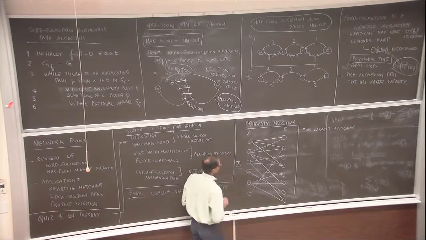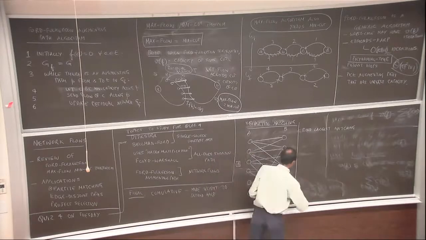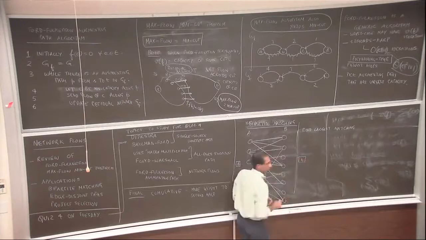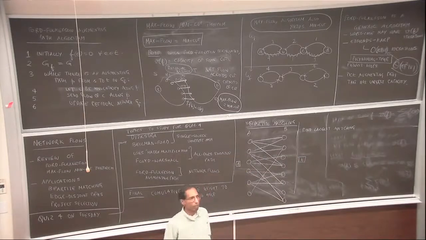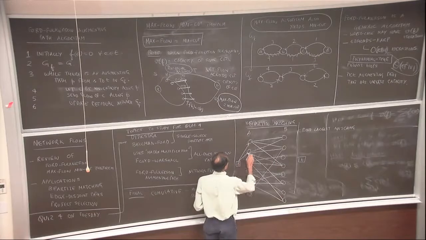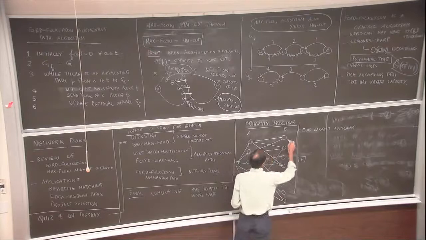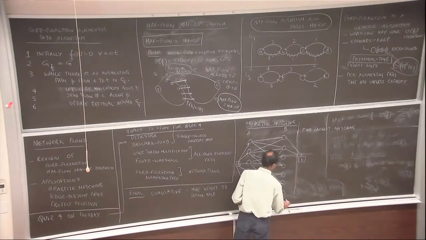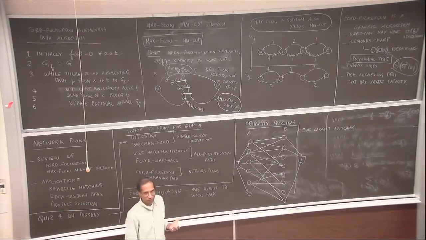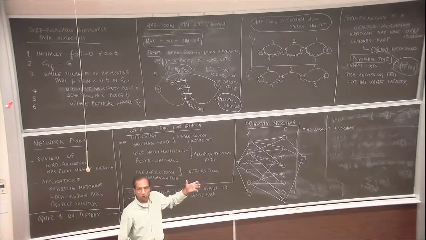So the way you would attack this problem is you would say, all right, let me add a source here and a sink here. Okay? I add a source and a sink here, and I attach edges from here to here and edges from here to here. Okay? So what we are going to present is a reduction from the bipartite matching problem to the network flow problem.